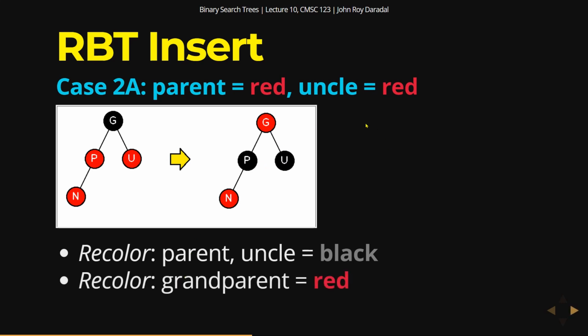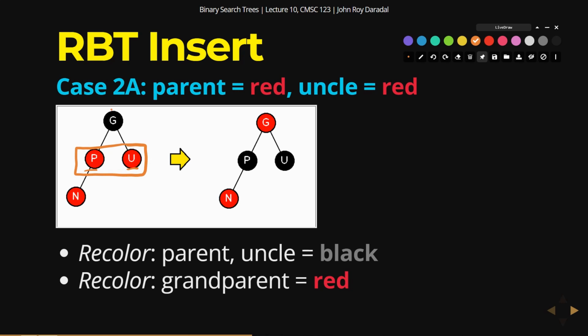This is the pattern: you have a parent that's red and an uncle that's red, on the same level with the same color, and then the grandparent is black because we're assured of that. So basically we just switched the colors of this level and this level. The black became the second level color, and the red became the first level color here.